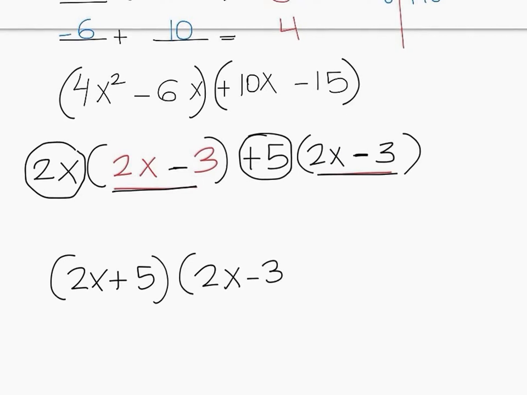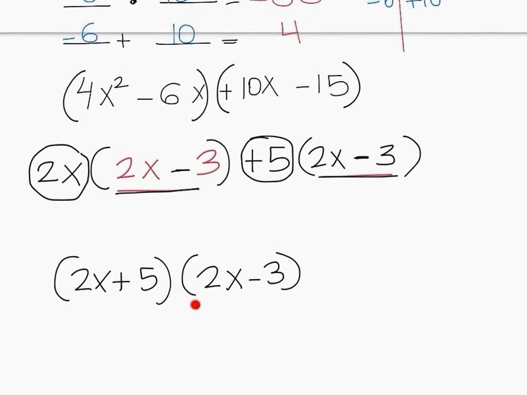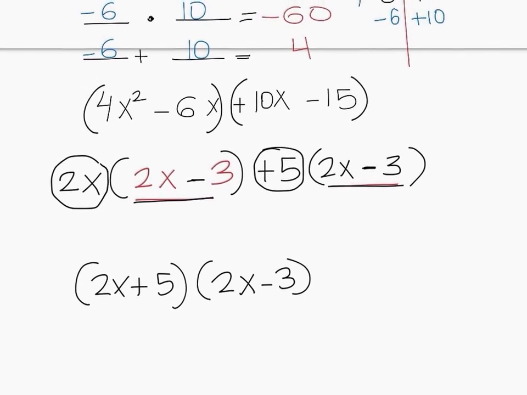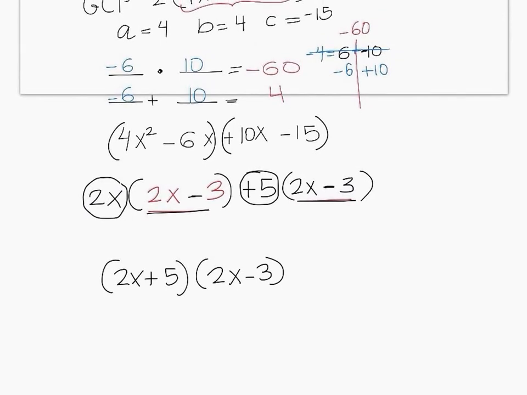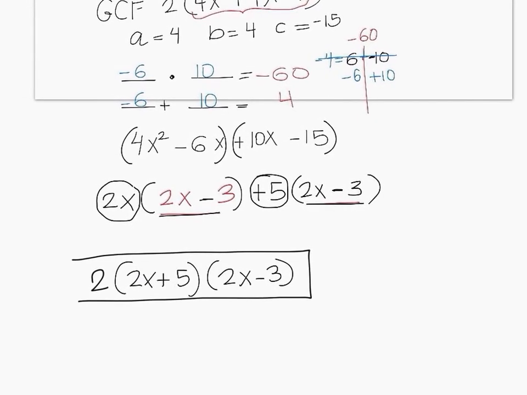And you write it only once. You don't put to the power 2 over here, because this is a common factor, so I write it down once. And that's how you factor this trinomial. Now, don't forget to copy down the GCF that you have taken out earlier, which is a 2 in this case. And now this is how you factor such a trinomial.